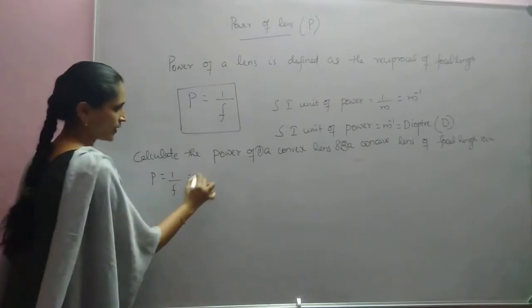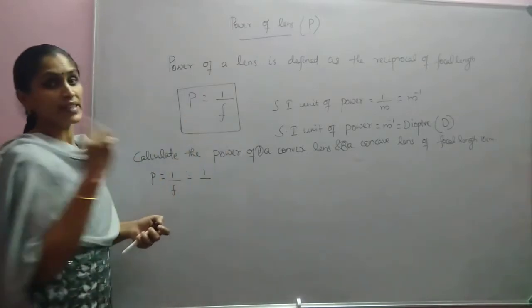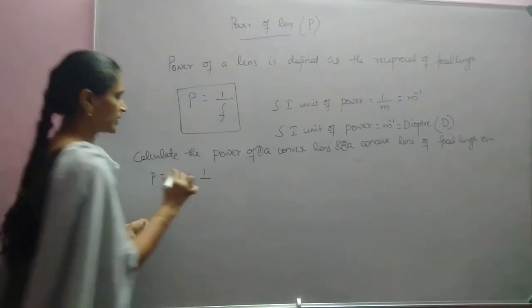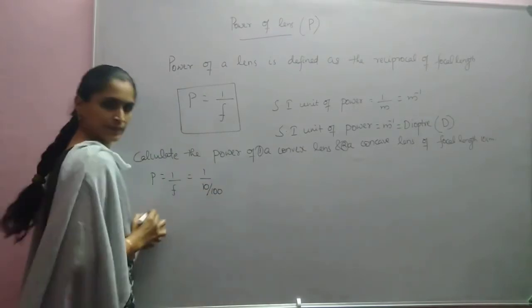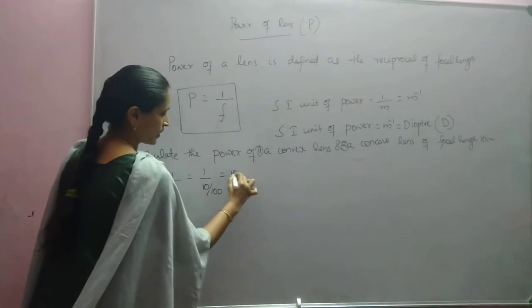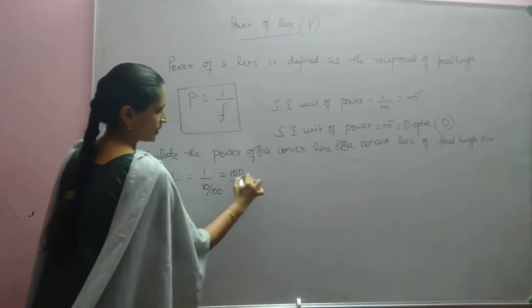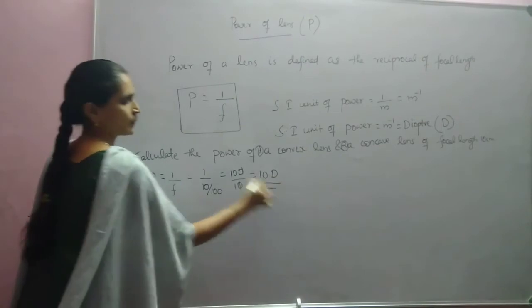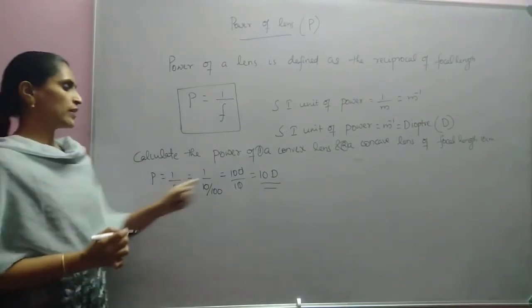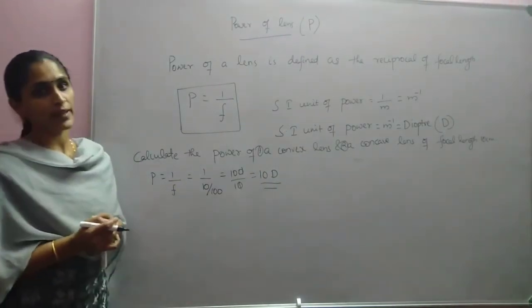Here we write 1 by f, where centimeter should be converted into meter, so 10 divided by 100. What will you get? 100 by 10, which is equal to 10. What is the unit? Diopter. So power of the convex lens is plus 10 diopter.